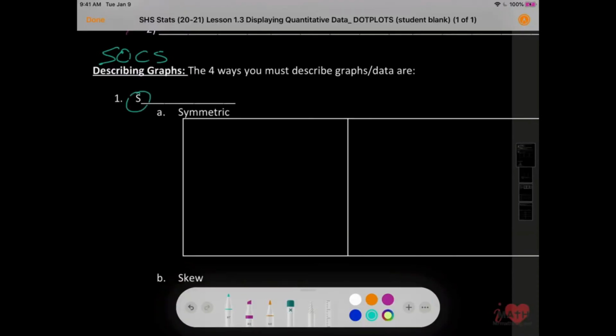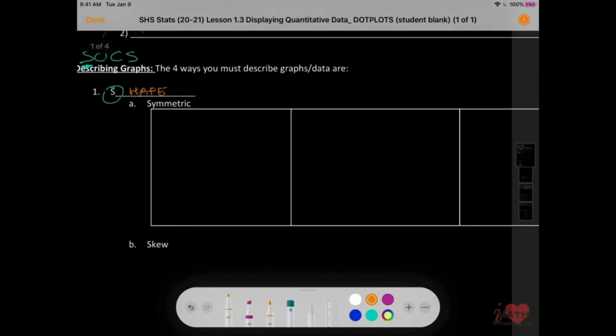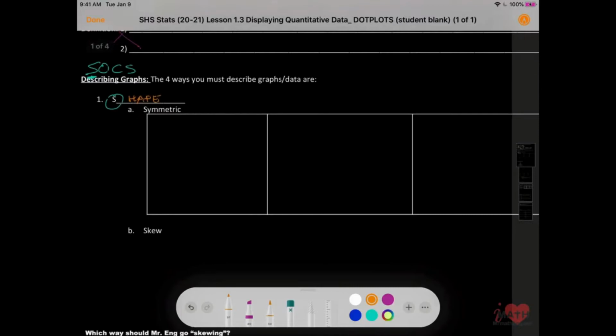So this is the S in SOCS. So the first one is called shape. And the first one is called symmetric. What is symmetric?